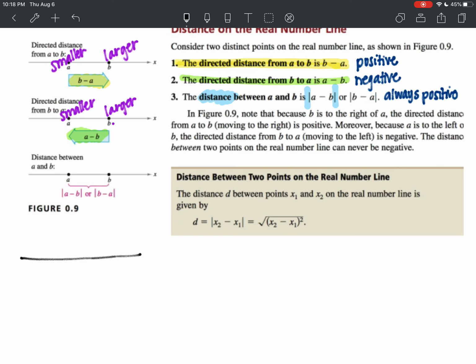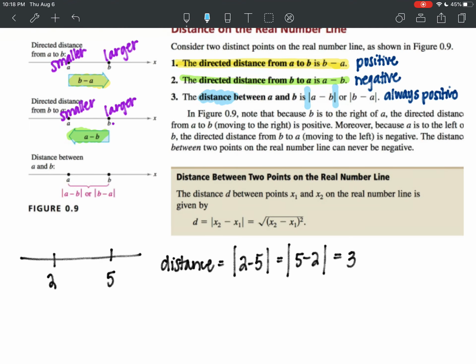So let me just show you. Let's just use some numbers here. Let's use 2 and 5. So distance between 2 and 5 would equal the absolute value of 2 minus 5, which is equal to the absolute value of 5 minus 2, which is equal to 3.